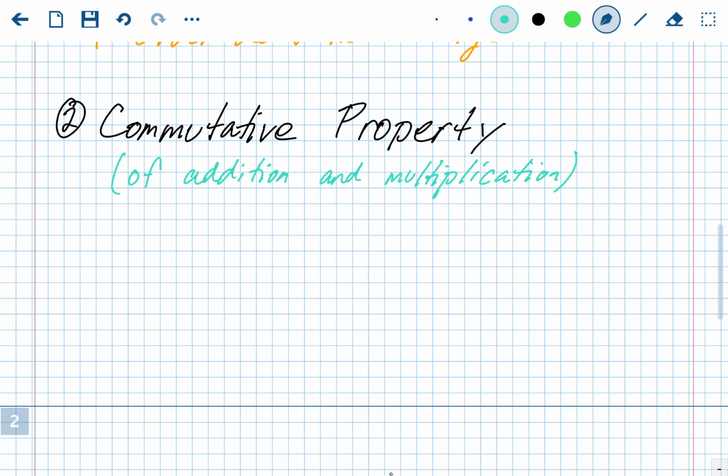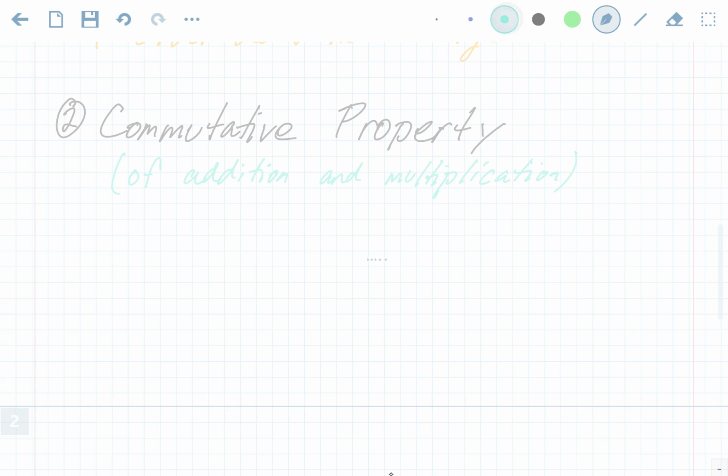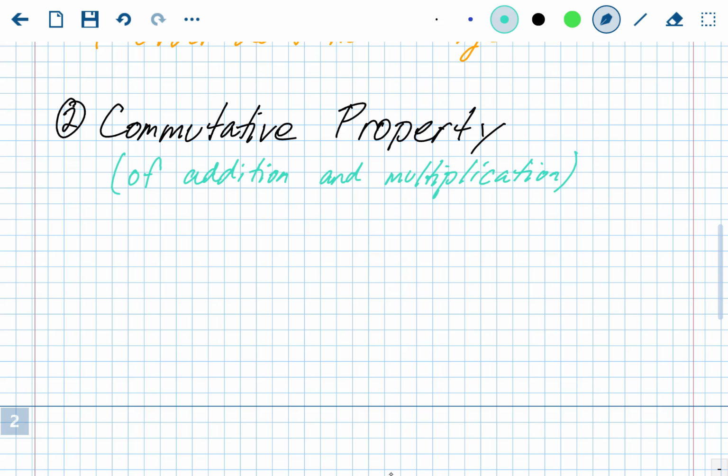So again, what does commute mean? It means the order, okay, the movement. So you're actually changing the order of these equations. The short of it is that the order changes, but the groups do not.